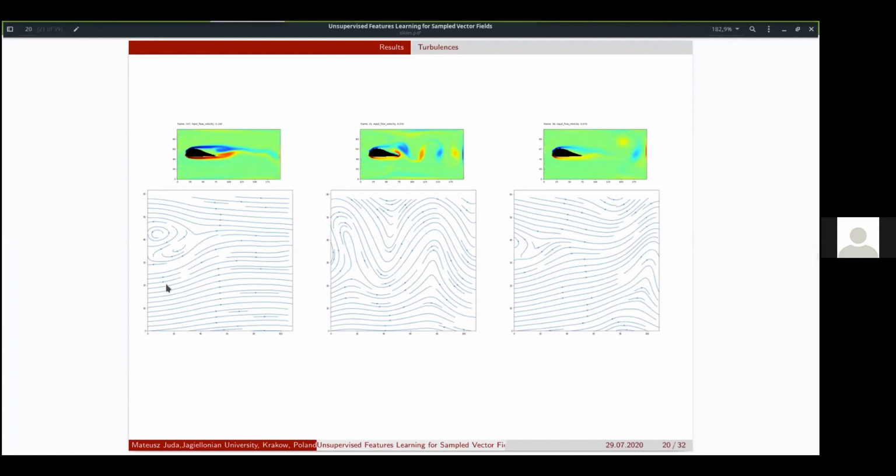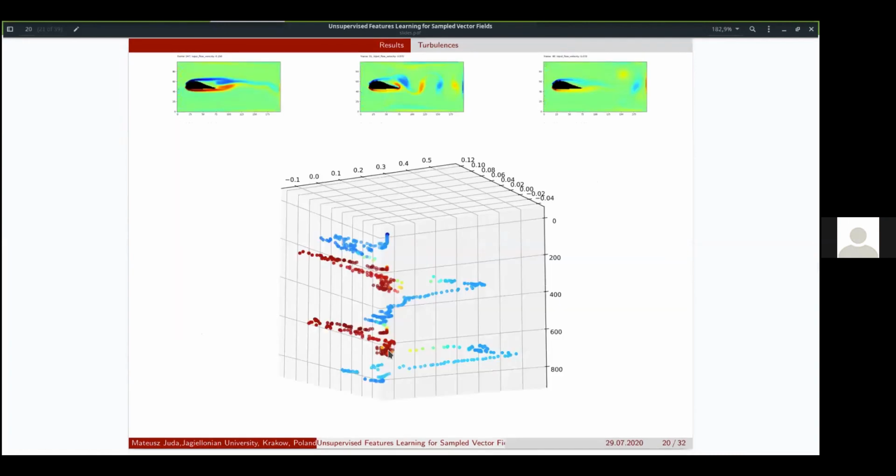On the bottom line, you may see not exactly the vector fields, but the stream plots produced from the vector fields, just to make things simpler to visualize. Okay, and what is going on here for that kind of experiment? On the z-axis we have the time from 0 to something like 800, and on the xy coordinates we have the produced embedding.